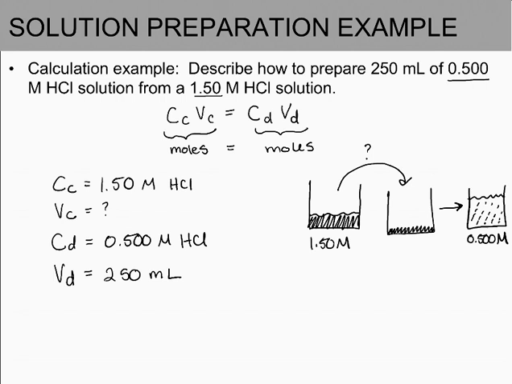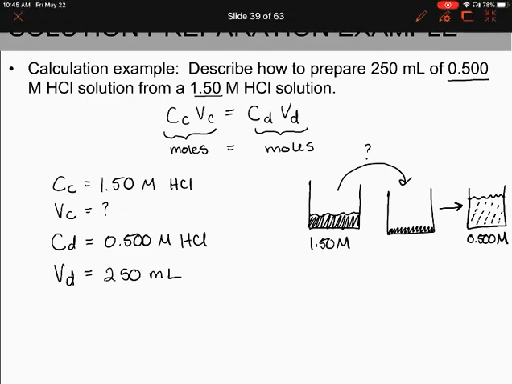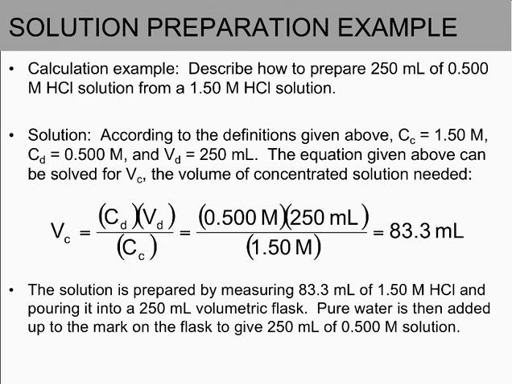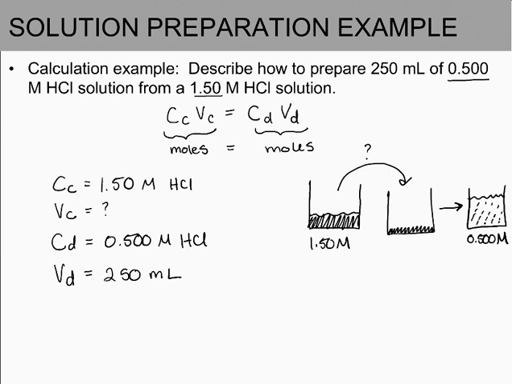Okay, so really all we have to do is plug each of these values into the equation above and then solve for what we don't know. So I'll use a different color to do that. Oh, sorry, just gave away the answer.